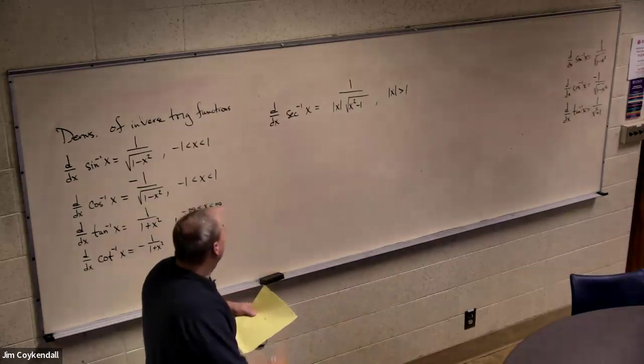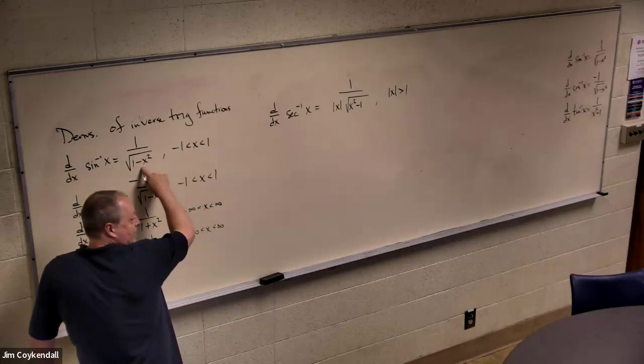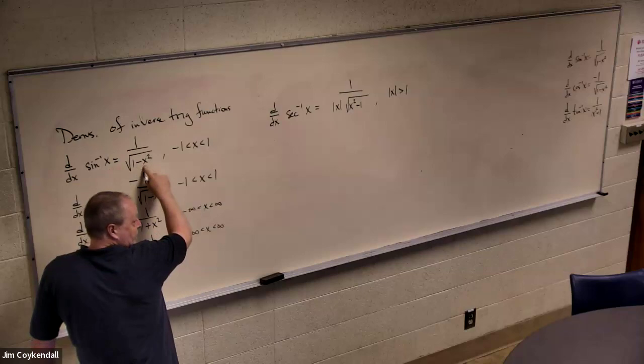By the way, in all these, it has to be strictly bigger, and notice right here what happens. The inverse sine function is defined at one, but the derivative is not, if you try to plug in one and minus one.